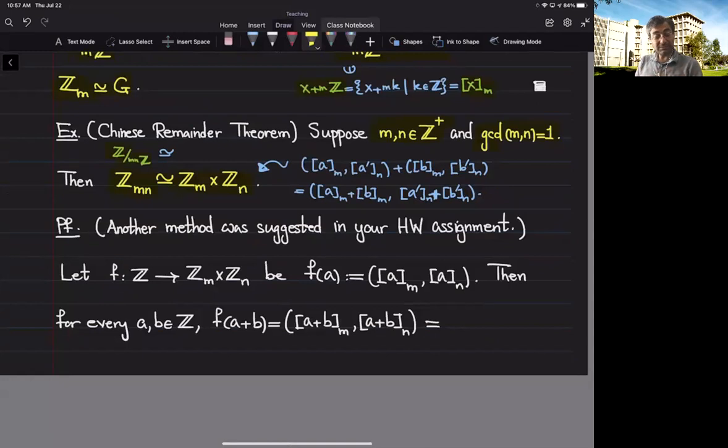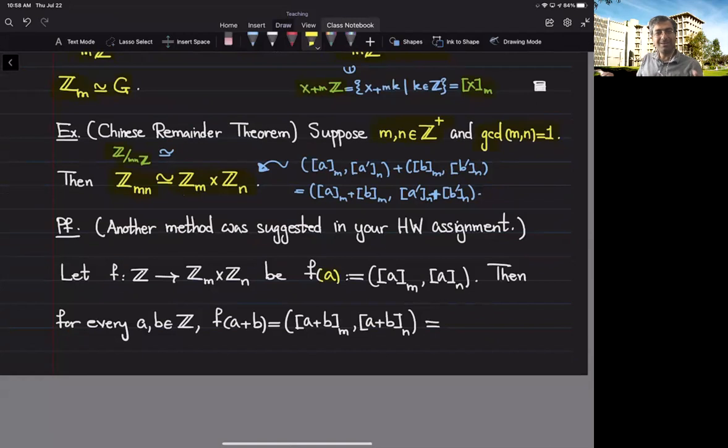Okay, so now what is this group homomorphism that I want to get from Z to this product? If I want to give you a group homomorphism from Z to the product, that means I need to give you two pieces of information. I give you an integer, and then you have to give me something inside Z sub m and something inside Z sub n. I give you a, you have to give me something inside Z sub m.